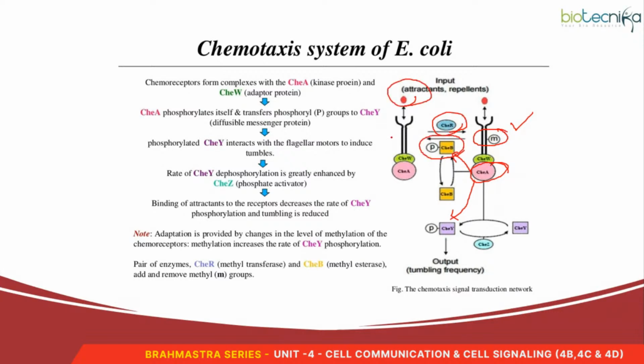This will remove the methyl group in the form of methanol. So the phosphorylation activity will decrease. Then we have CheZ for the conversion. I hope you got your answer, Anupam. This is the working principle of the chemotaxis system.